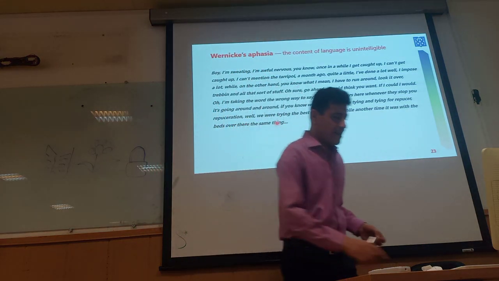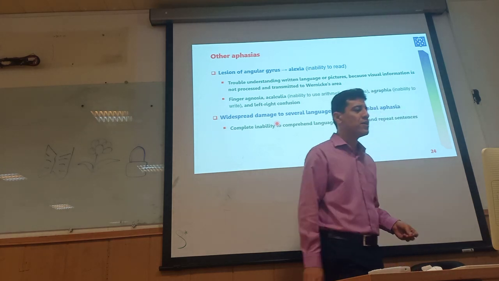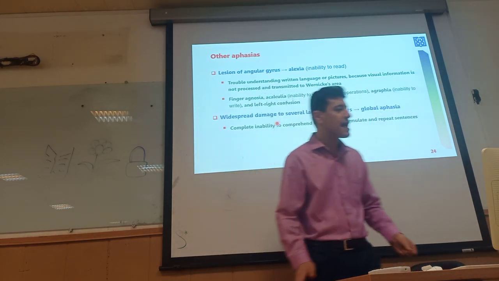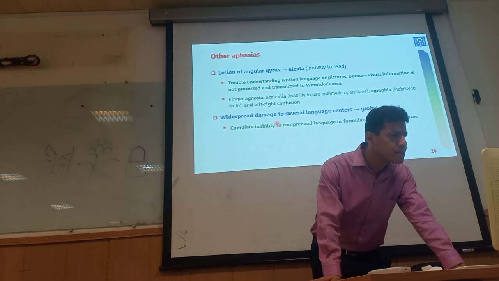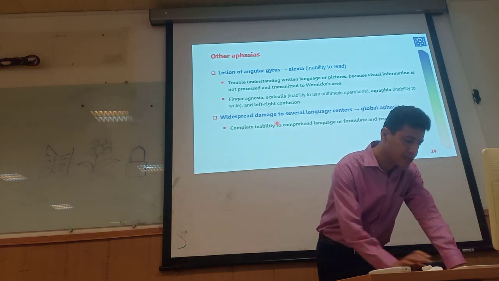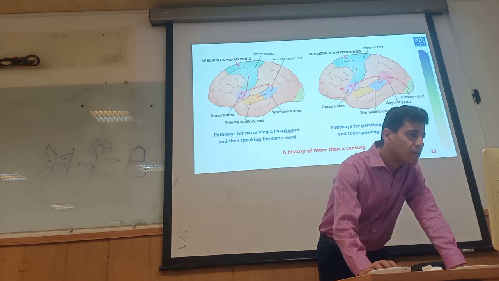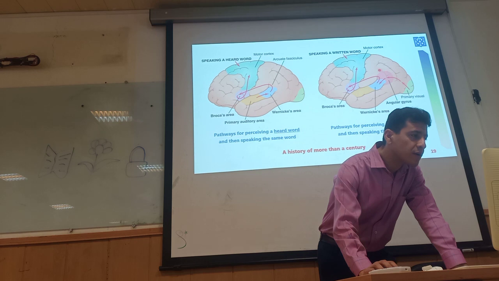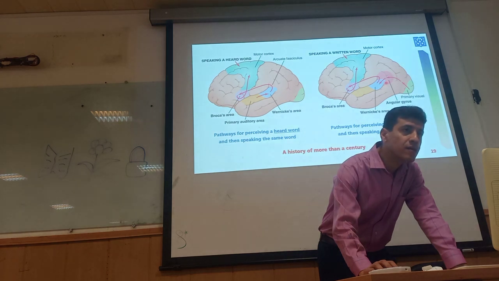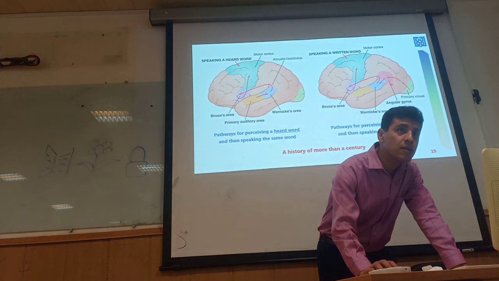So there are also other aphasias. For example, damage to the angular gyrus may cause alexia. Alexia means inability to read. Let's get back to this slide here. This one. When you read something, you need this area, right? Angular gyrus. Right? Information goes from the occipital cortex to the angular gyrus.